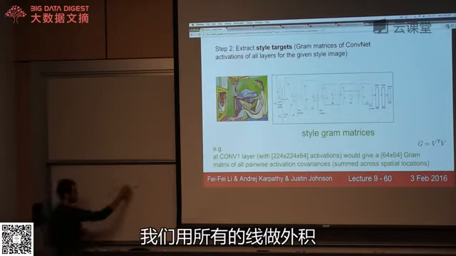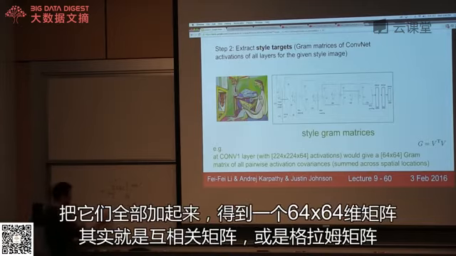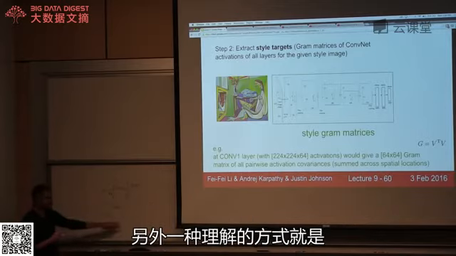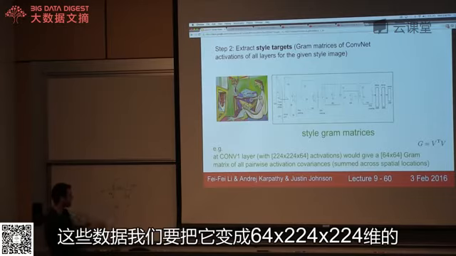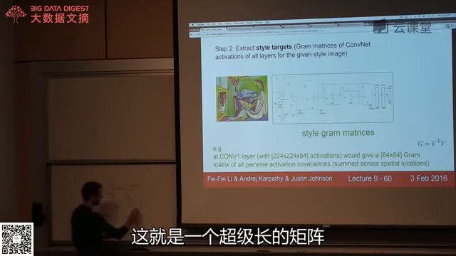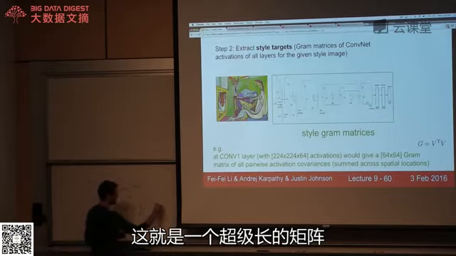So we take all the fibers here, take outer products, and sum it all up to get a single 64 by 64 matrix of these basically covariances, or gram matrices as they're called, of these activations. Another way to look at it is that we're going to take this volume and reshape it to be one matrix of 64 by 224 times 224.